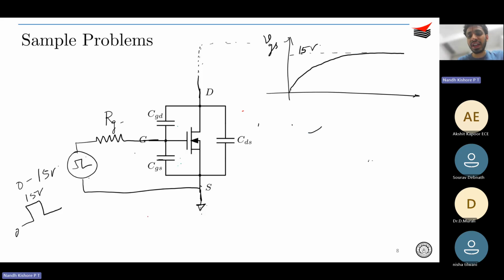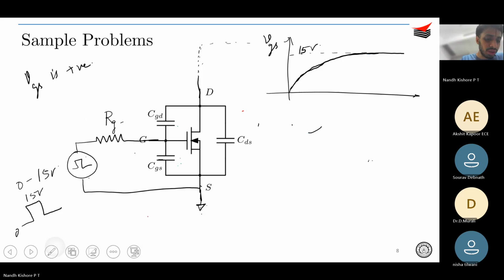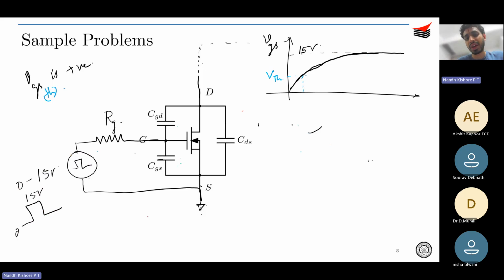So we understand that it takes a certain amount of time for it to reach 15 volt. Okay. And prior to that, you of course know that if it's an n-channel enhancement mode MOSFET, your VGS threshold is positive. So let's say your threshold is somewhere here, right?